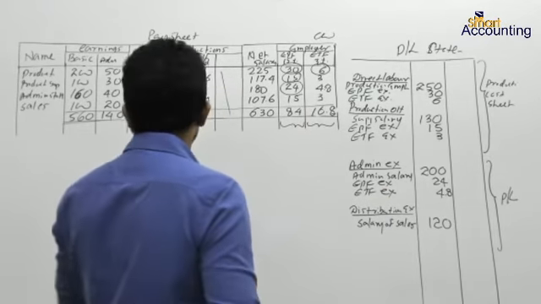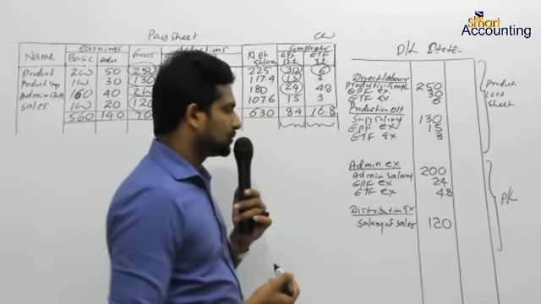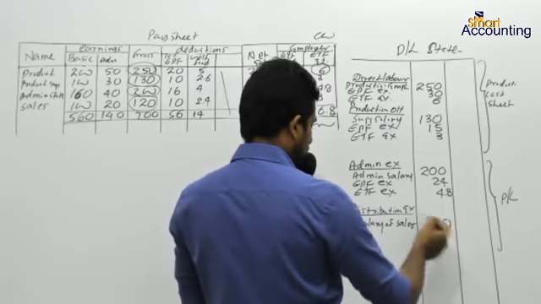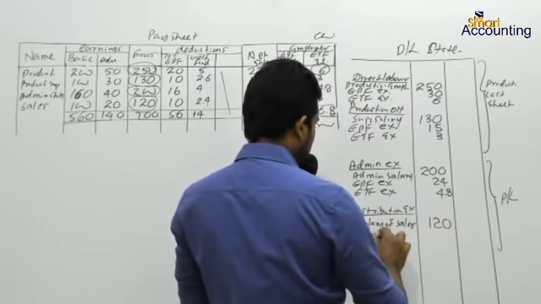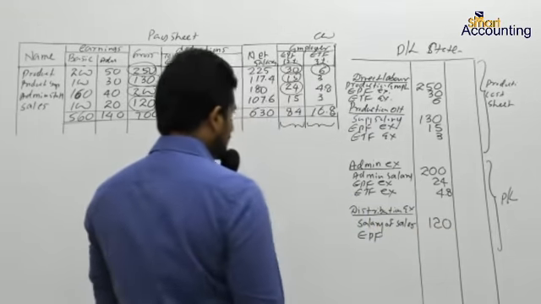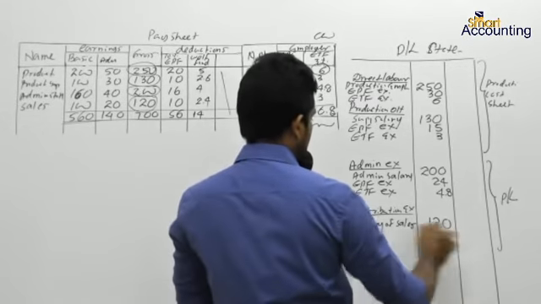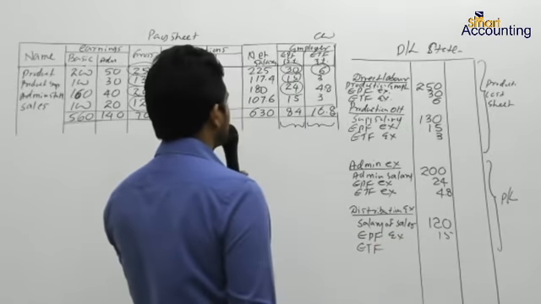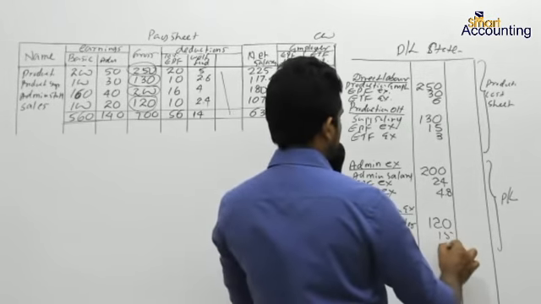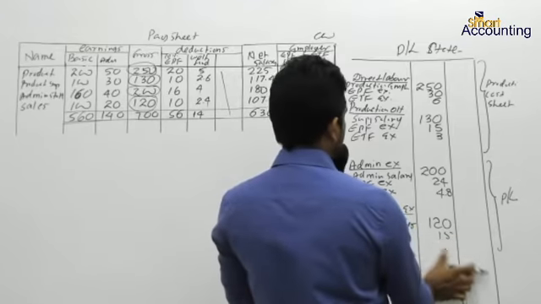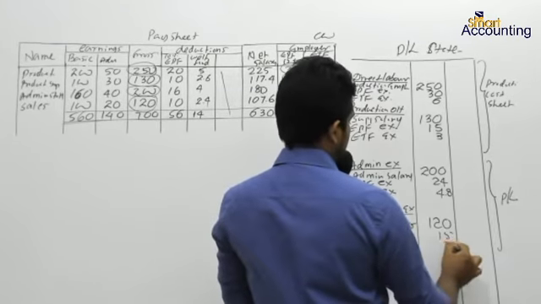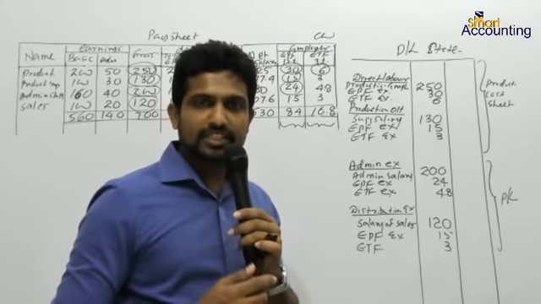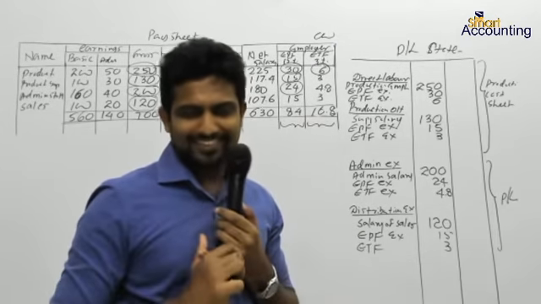When it goes to distribution expenses, salary of the sales employees 120, EPF contribution on their salary is 15. ETF contribution on their salary is 3. I think that should be a new thing for you. Is it so?